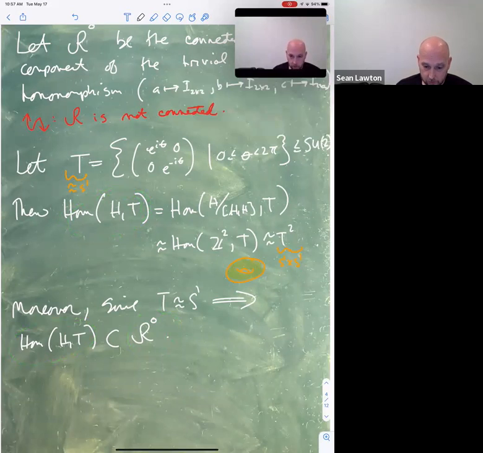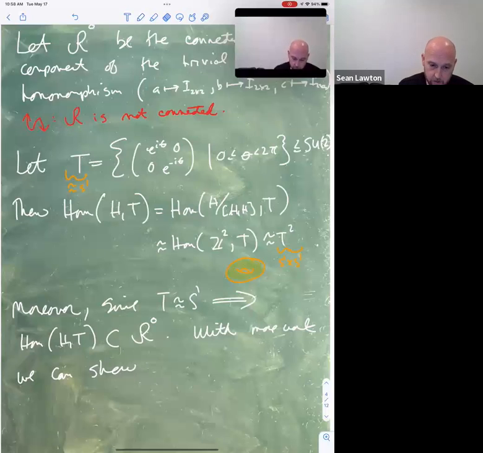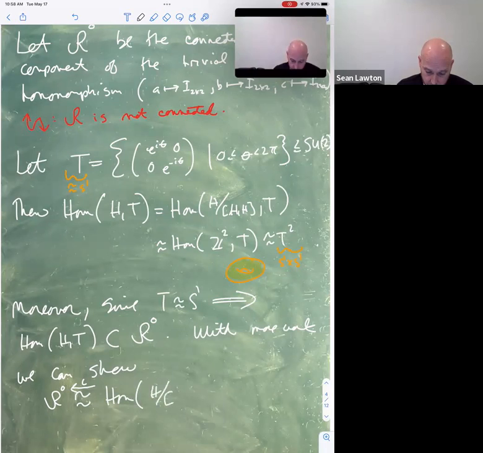Okay, now with more work, we can show that R naught is homeomorphic, and I'll write it this way, there's an arrow here, iota, to the set of homomorphisms from the abelianization.